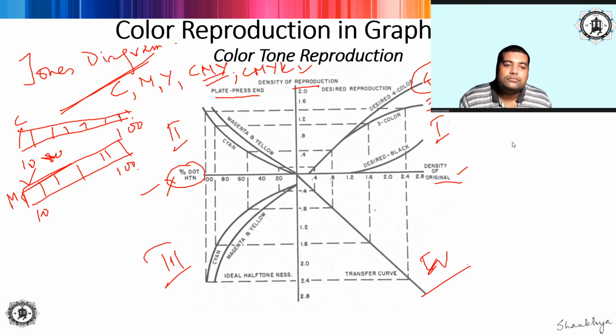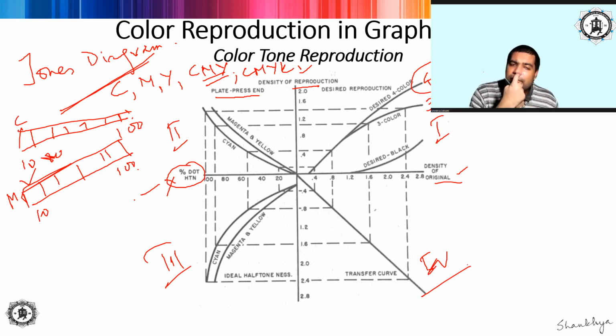Here what you have to consider basically is this data that we have obtained in the third quadrant, which is telling you what dot percentage is required in order to create what density.